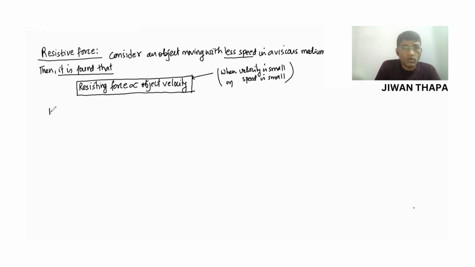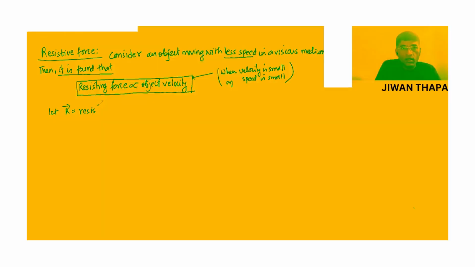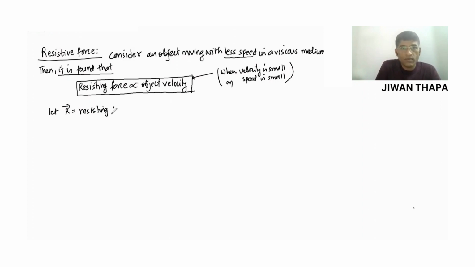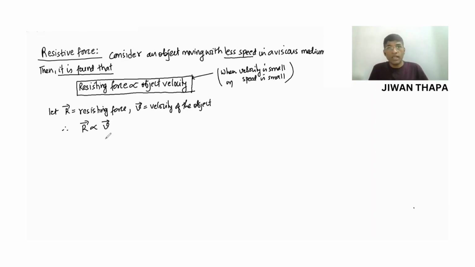Now let R be the resisting force and vector V be the velocity of the object. Therefore, R is proportional to velocity of object, and we have a negative sign in this relation.